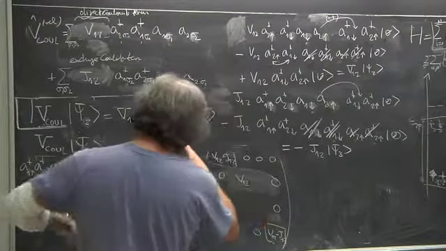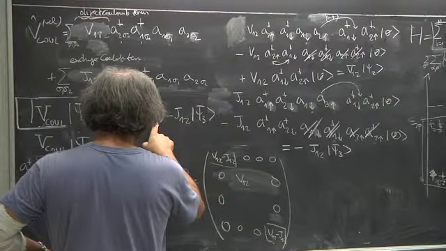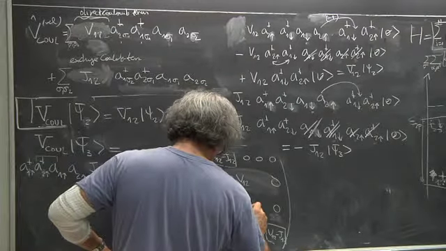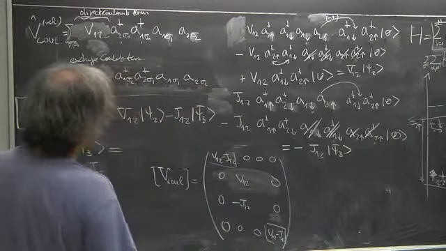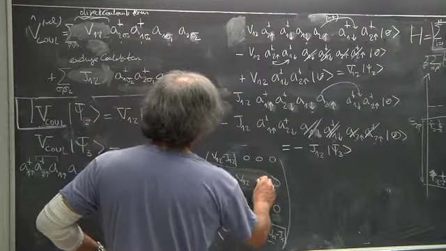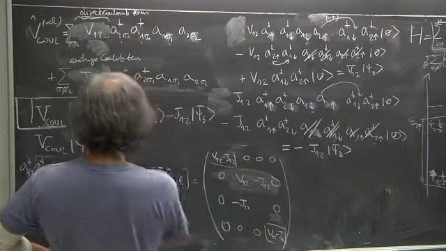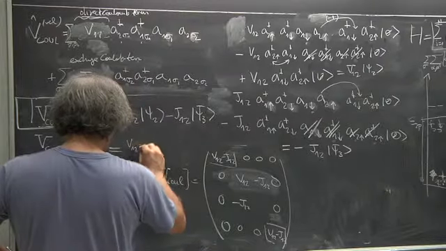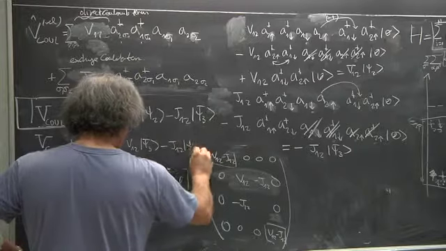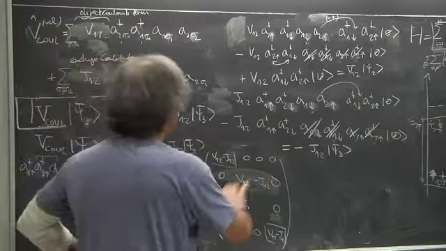In some sense, what I have already determined is the fact that the element, this is V12 and this is J12, right? And you will realize that by necessity, here you must have minus J12 because this operator is Hermitian, and you can verify that indeed you have here V12 psi 3 minus J12 psi 2. Okay? I don't do the algebra explicitly, but it's very, very, very analogous to this.